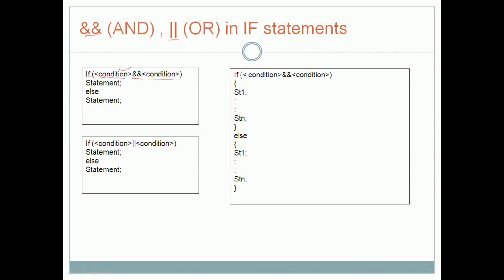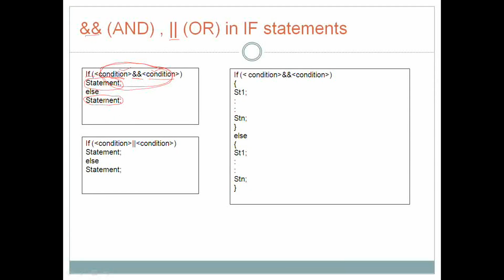If condition 1 is true, it evaluates condition 2. If both the conditions are true, then this complete expression returns true. Then it executes the statement followed by the if. If any one condition is false, this complete expression returns false. Then it executes the statement followed by the else.